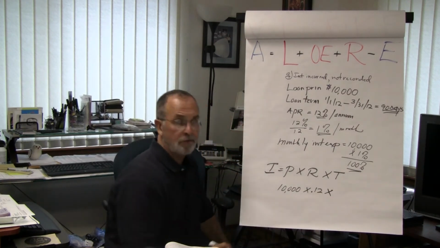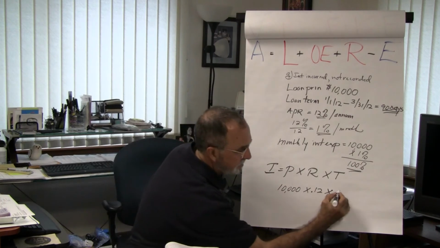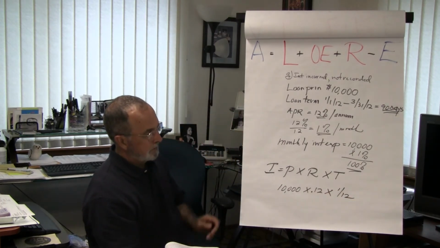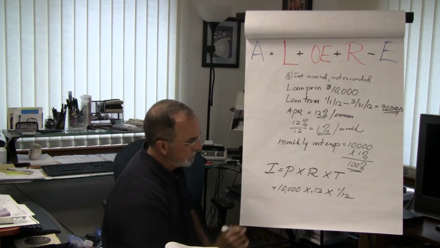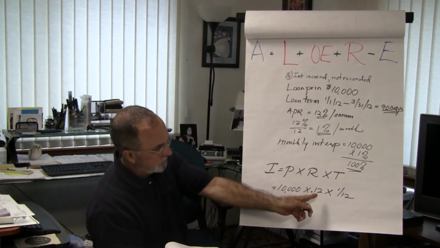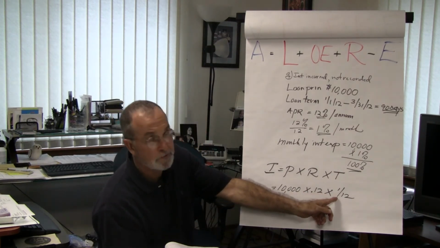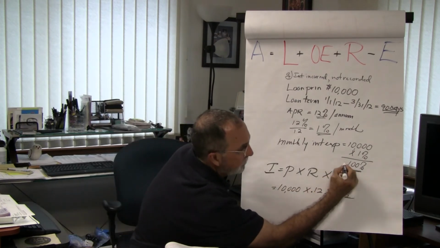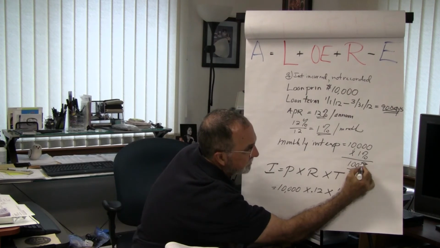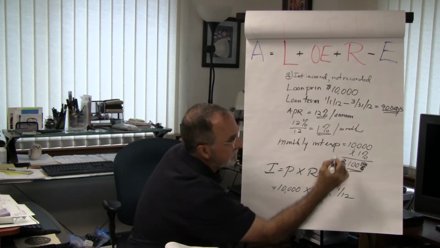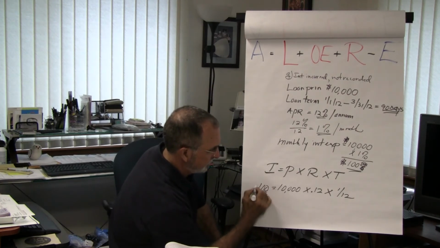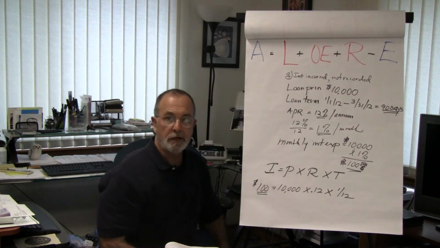And our time factor for 1 month is 1/12. And so if we were to do this calculation, $10,000 times 12% times 1/12, we would end up with, I used the percentage here, that was incorrect, $100. Yes, we would end up with our interest of $100.